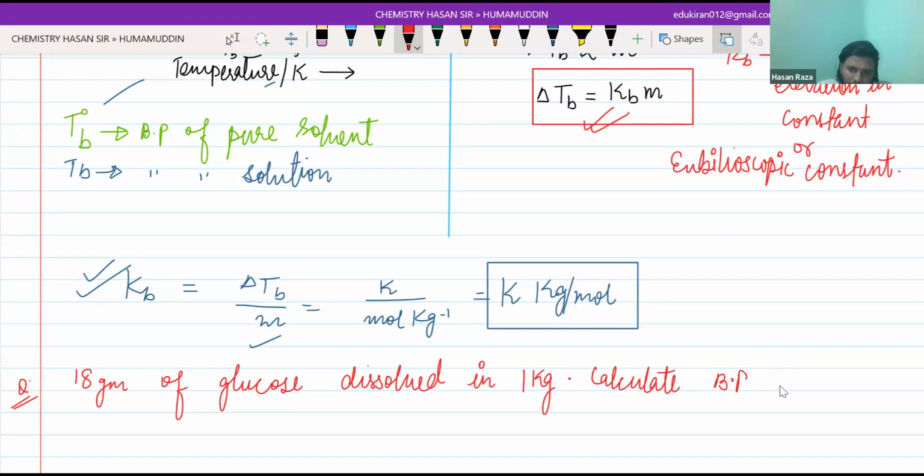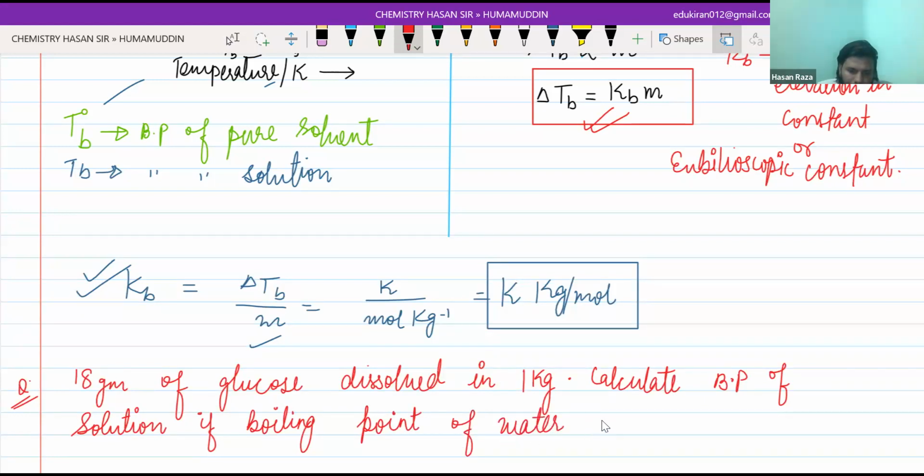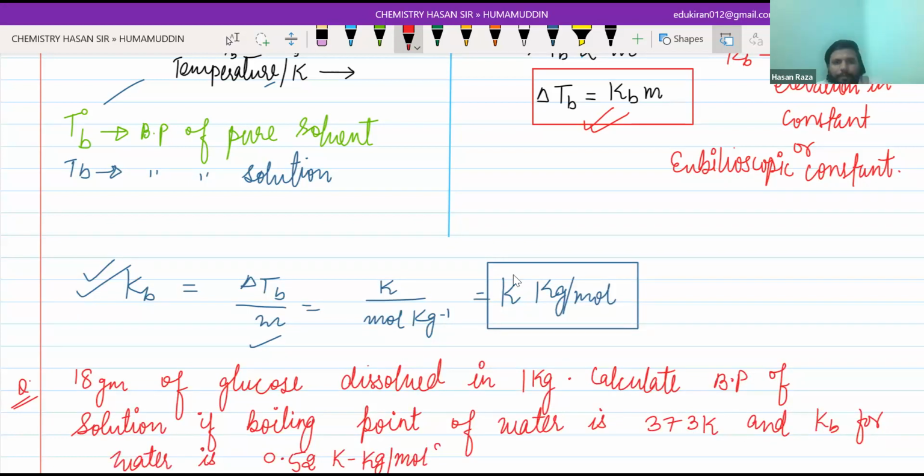Calculate the boiling point of solution if the boiling point of water is 373 Kelvin and Kb for water is 0.52 Kelvin kg per mole. Please do write.